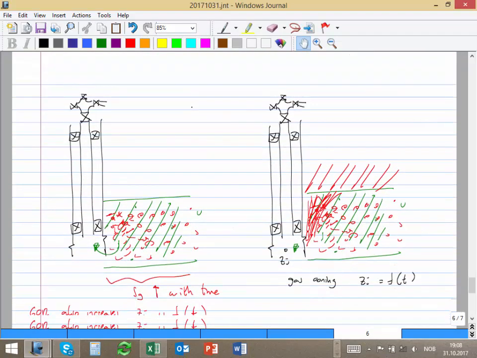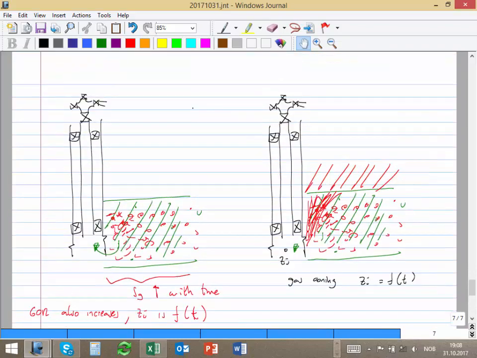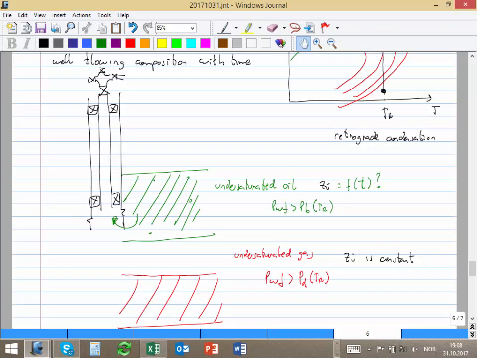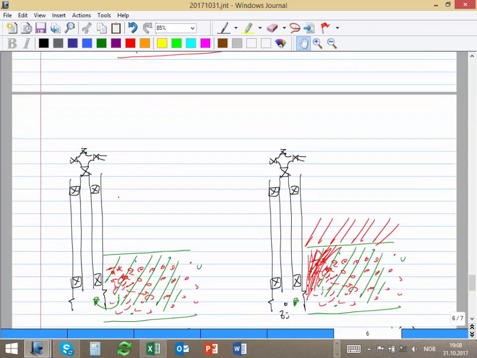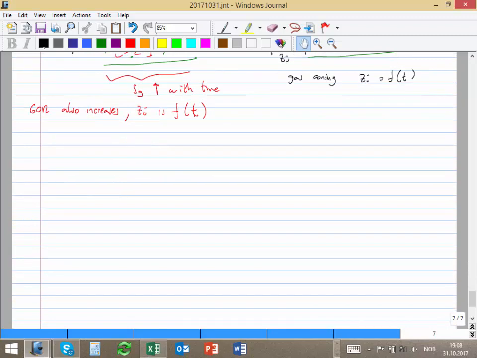Okay, but now for this case of undersaturated oil, let's see what happens in the wellbore. I'm going to put it here, for the wellbore producing with PWF greater than the bubble point pressure at reservoir temperature.